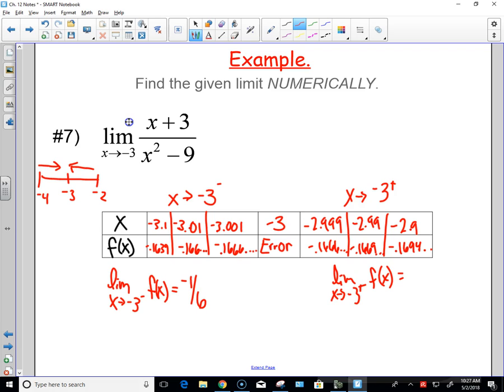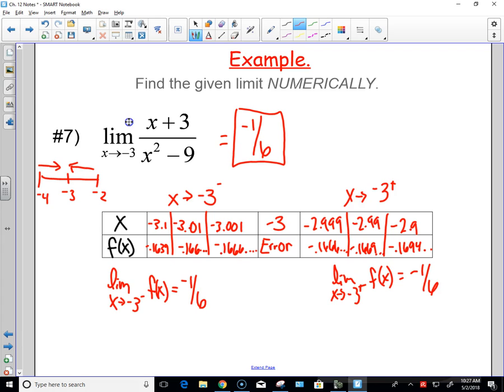What does the function seem to be approaching? So what is the limit? If L1 equals L2, what do I say about the limit? It exists and it is the value that's there.